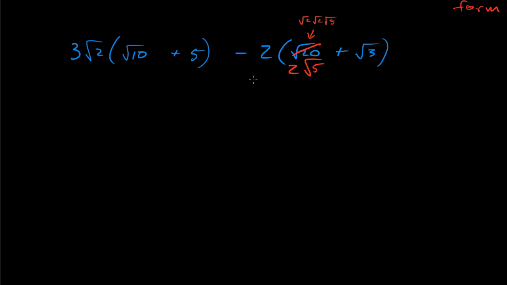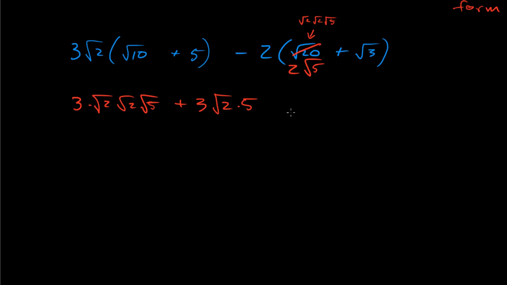Okay, so I'm ready to try and distribute. And so when I distribute 3 root 2, I'm multiplying it by the square root of 10. And you may remember from the multiplication video that it's helpful if instead of multiplying them together, you factor them first before you multiply, because you can notice pairs of roots easier that way. It's a little faster. And this is going to be 3 root 2 times 5.